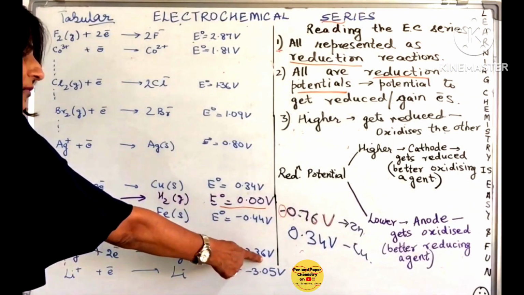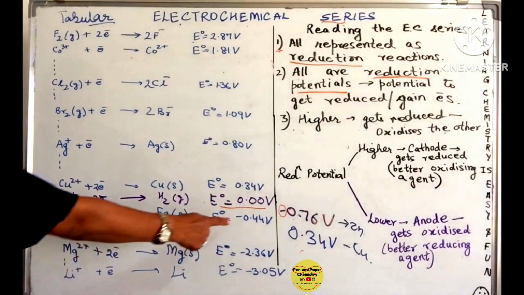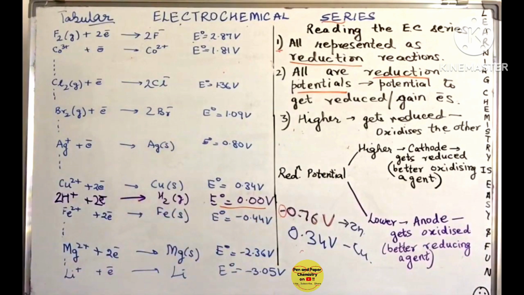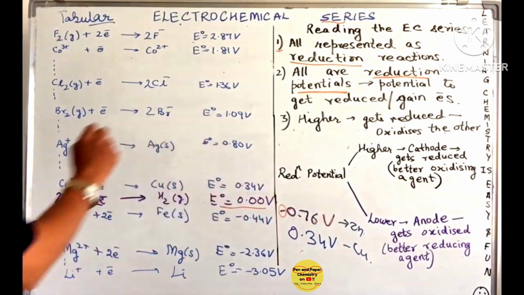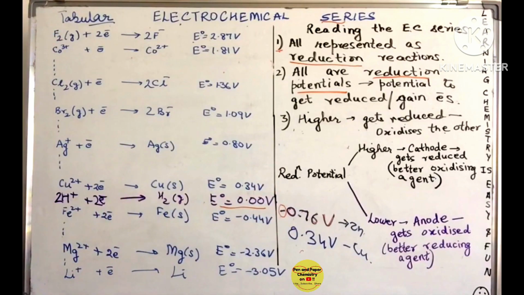Minus 2.36 volts is smaller than minus 0.44 volts, right? So iron will behave as the cathode and magnesium electrode will behave as the anode, like we have seen in the case of zinc and copper as well. Of course, there we had the combination of one positive and one negative.